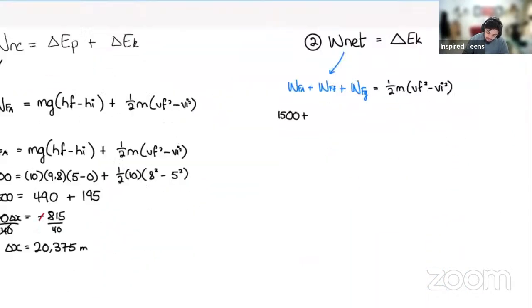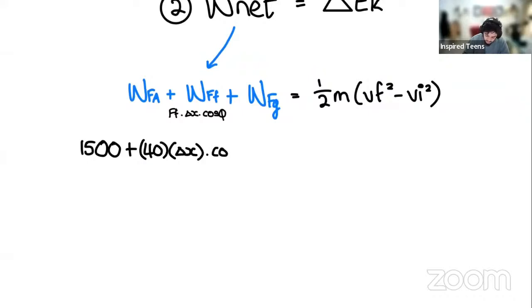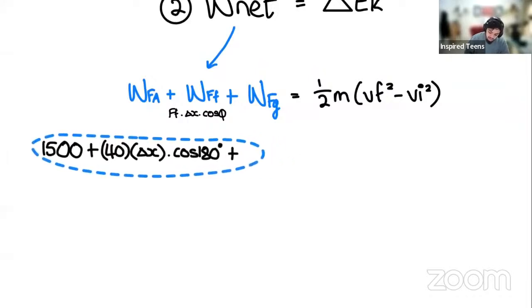So I will need to open this up as FF times delta X times cosine theta. FF is 40. Delta X is the unknown we need to calculate. Cosine theta is cosine 180. Plus work done by FG.